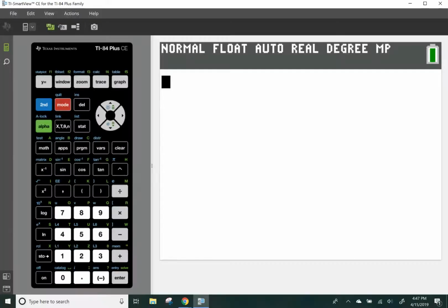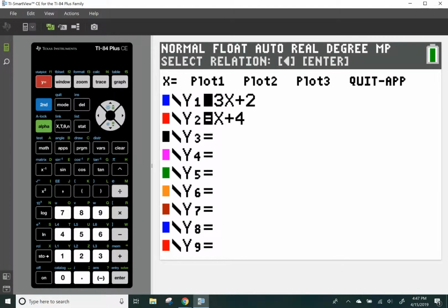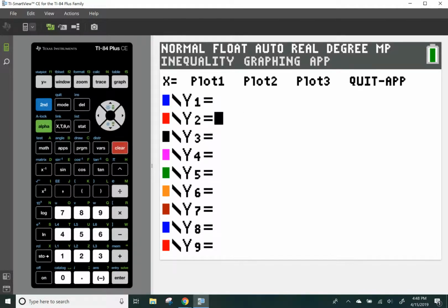As far as number 9 goes, number 9 is definitely one that you want to type in the calculator and look to see where they cross. So they're going to cross at 2 points. So you want to get the x values where they cross. That is going to be as straightforward as it gets. Just go to your y equals, type in both equations. I'm not going to type them in for you. I think you can handle that. But type in both equations.